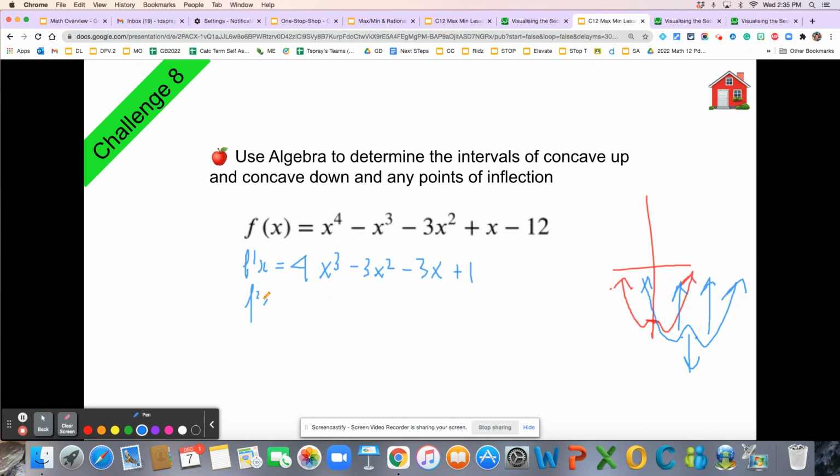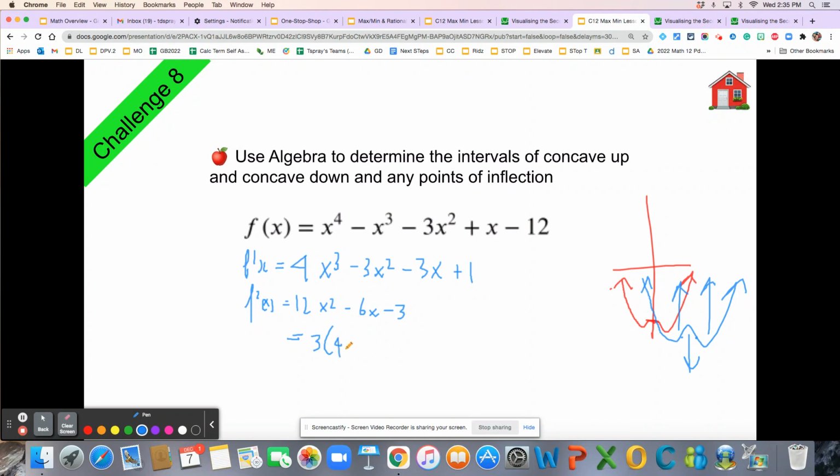So now I'm going to take the second derivative, which I should have written with a prime, but I used a 2, which could also work. The second derivative is 12x squared minus 6x minus 3. Now I'm going to factor this. I'm going to take out a 3. Oh, I do not like this.